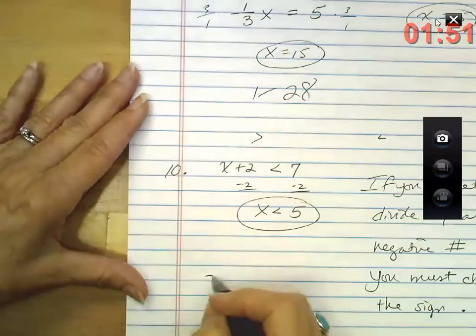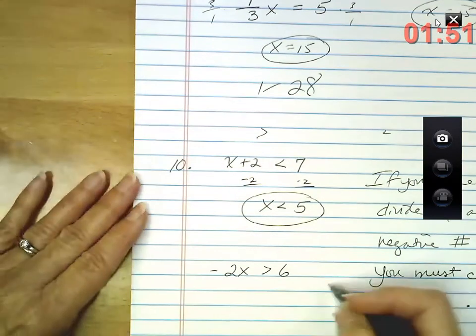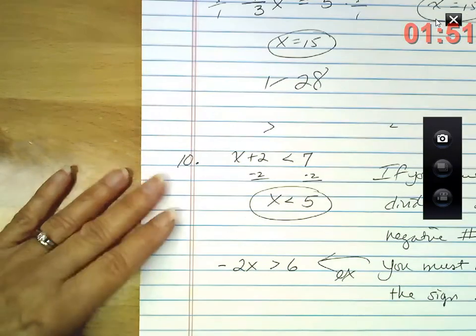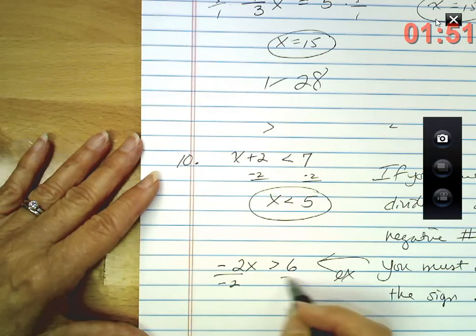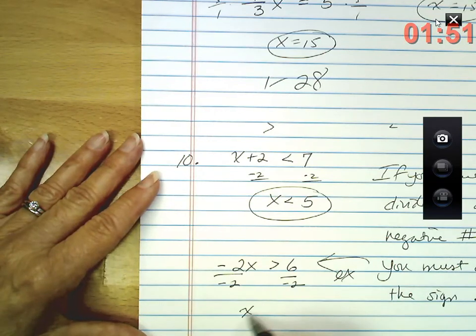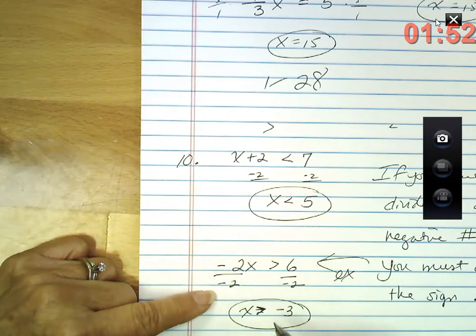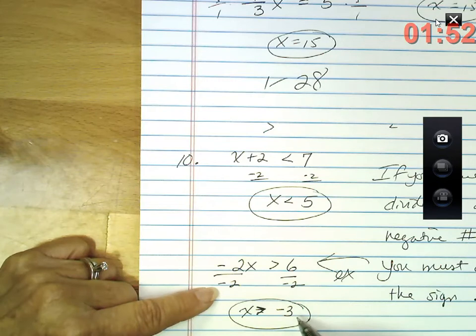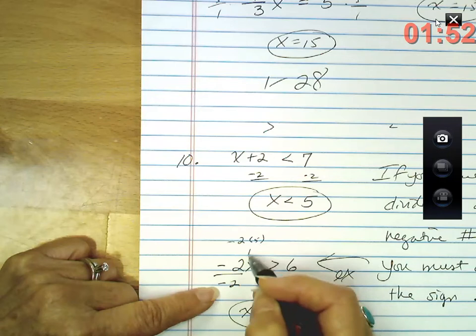That means if you've got negative 2x is greater than 6, in order to solve this I would have to divide by negative 2, and that would give me negative 3. Anything bigger than negative 3. So a number that's bigger than negative 3 is 5. If I did negative 2 times 5, that would give me negative 10.